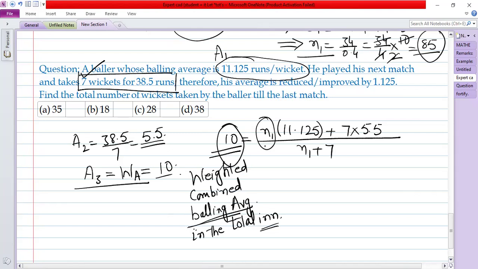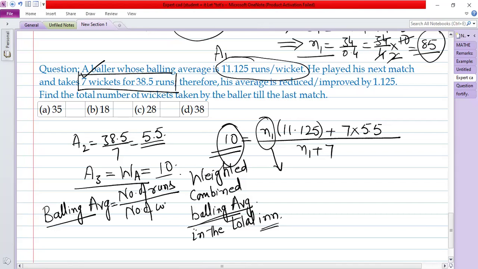And what is this N1? It is the number of wickets taken. Because here, how we are calculating the bowling average, I have discussed this in the previous lecture, that bowling average is nothing but the number of runs conceded, means given by the bowler, divided by the number of wickets taken by the bowler. So that's why we have this equation.